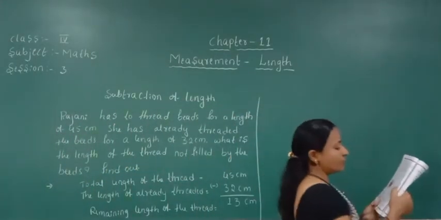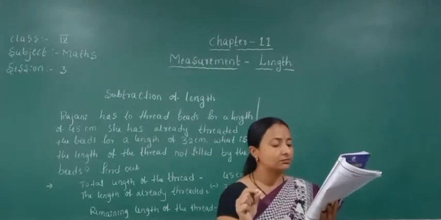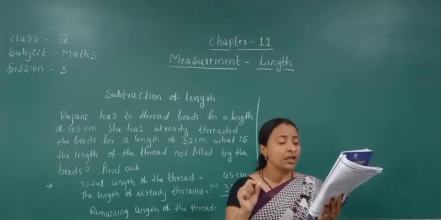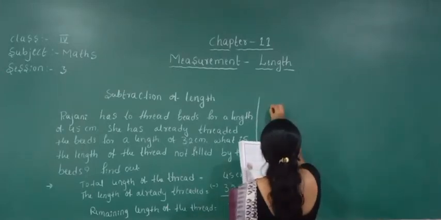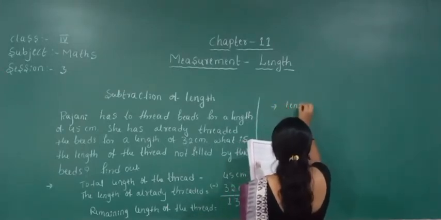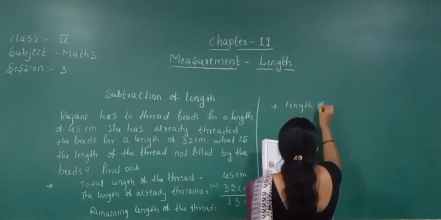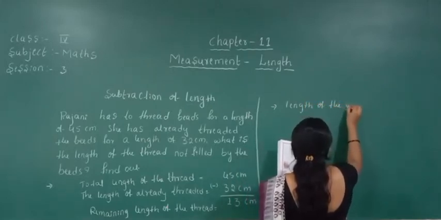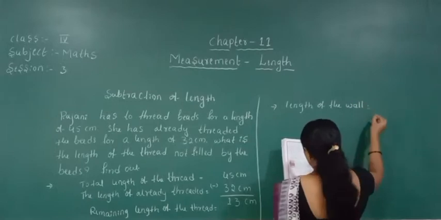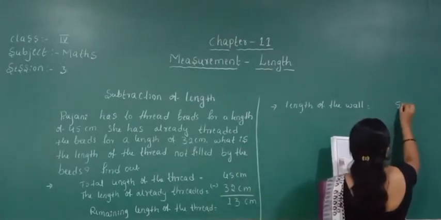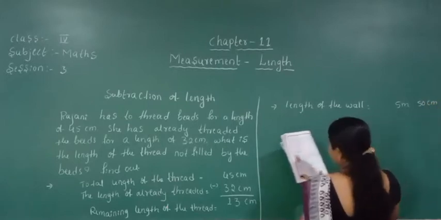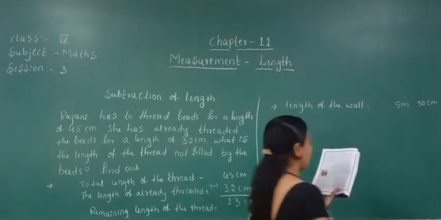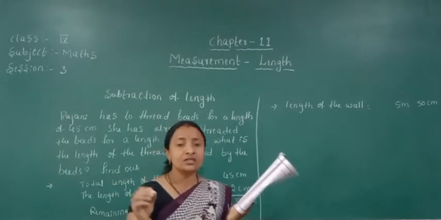First, what we will write here? Total wall length. We'll write: length of the wall is equal to 5 meter 50 centimeter. This is the length of the wall. Then the length of the wall on which the figure is drawn.